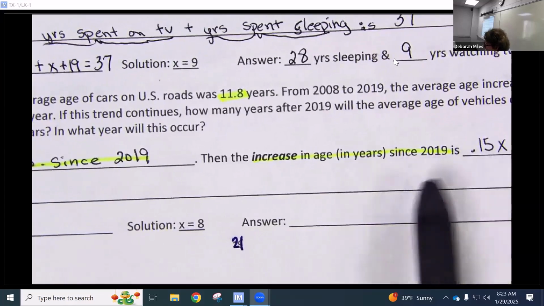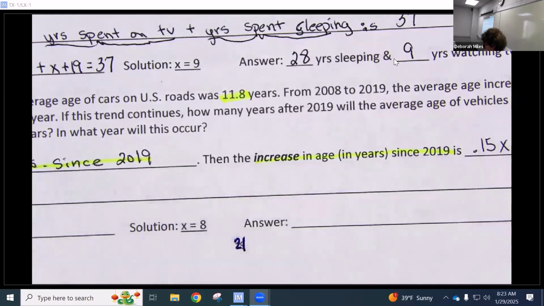That just gives me how much it increased since 2019. The average age was. Yes, you got to take your initial age of the car at 2019 and then add the increase.